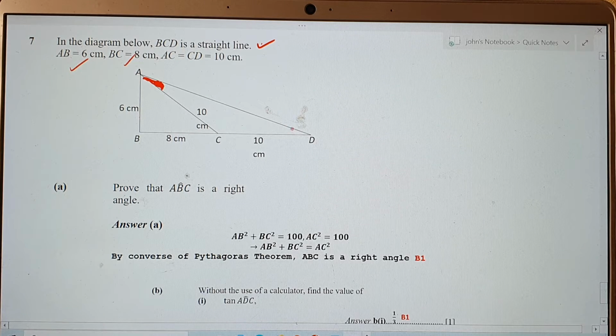Because after reading the question, most of the time all of you will just focus on the diagram and ignore this. So in the first step, check that your diagram is updated. If any measurement is missing from this diagram, you just add it in.